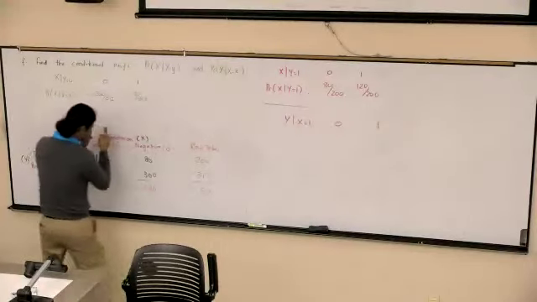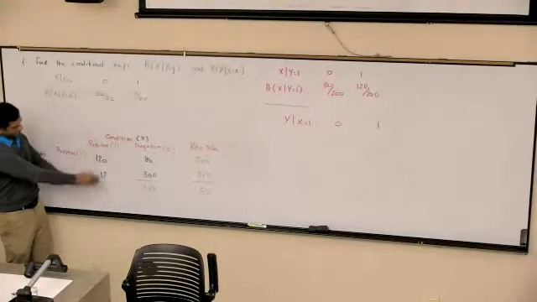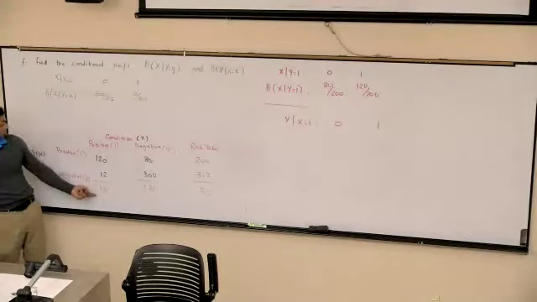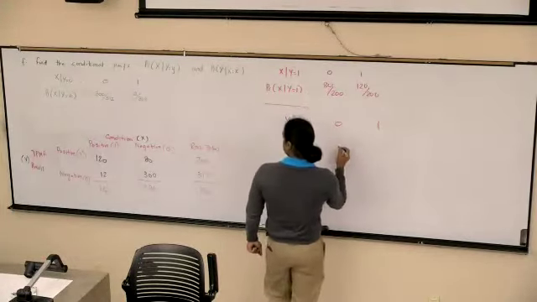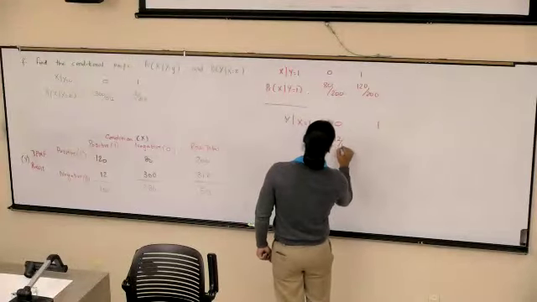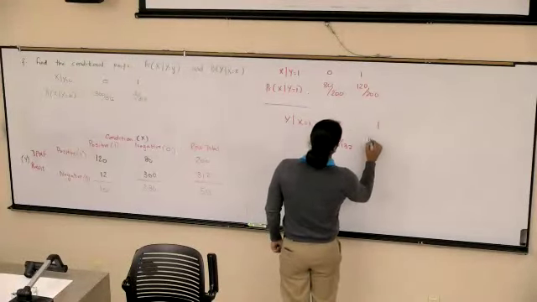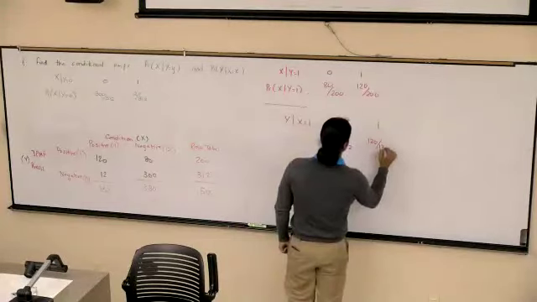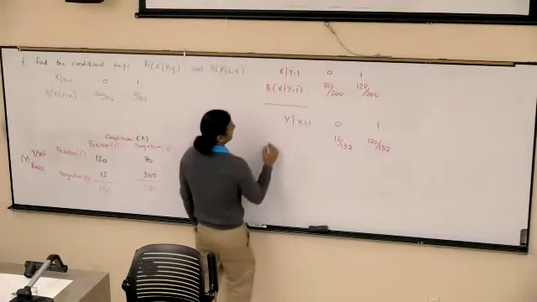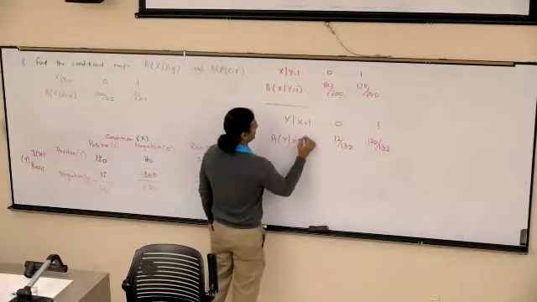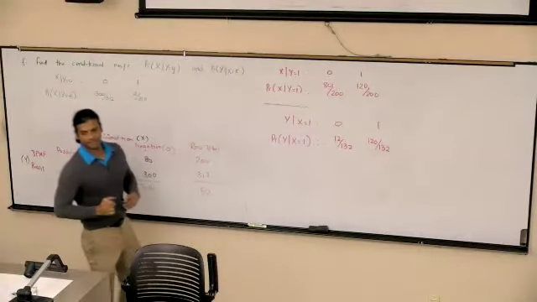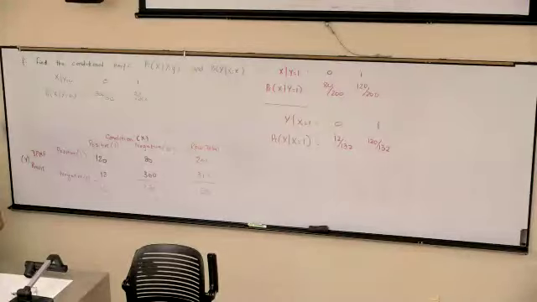So when x is equal to 1, I'm conditioning on this. So the total would be 132. So 12 divided by 132, and 120 divided by 132. That would be the probability of y given x is equal to 1.